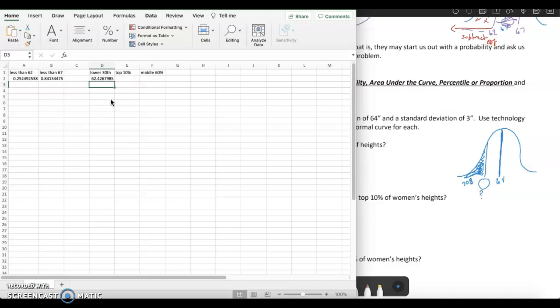It's important to know that we have just calculated in inches. So does that make sense that this would be at 62.43 inches? Sure it does. Drawing that normal curve and visualizing whether I should be above or below, based on what I already know, can help you double check that you're using the correct commands. If you use the wrong command, it's not going to make any sense.